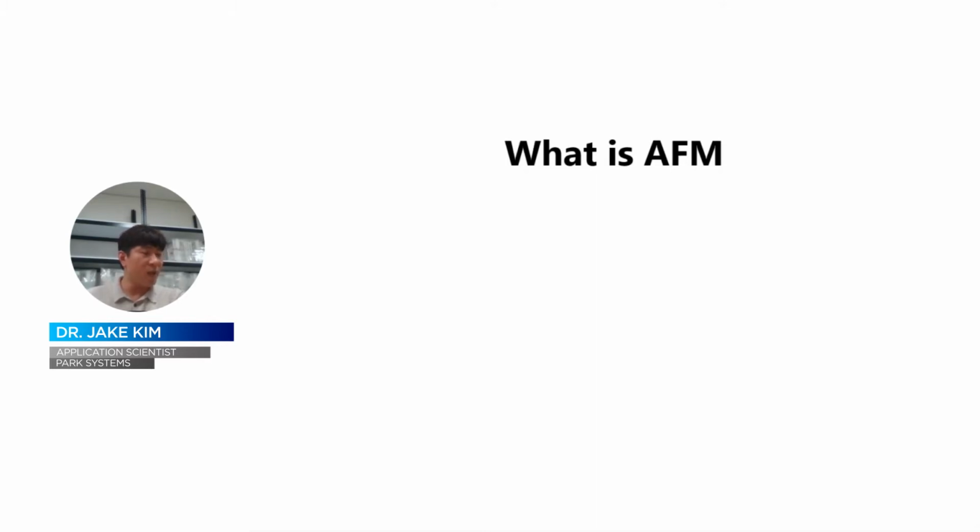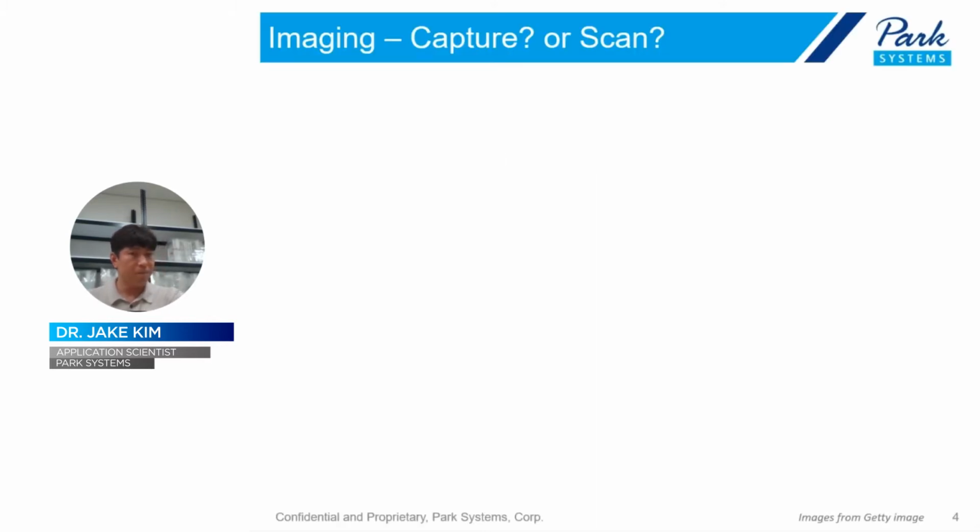Let's start with what is AFM. The full name of AFM is Atomic Force Microscope. As you can see from the name, the AFM is a sort of microscope, and a microscope is an imaging tool.